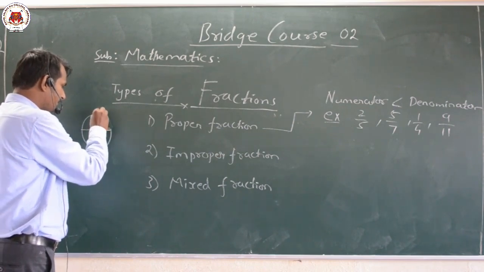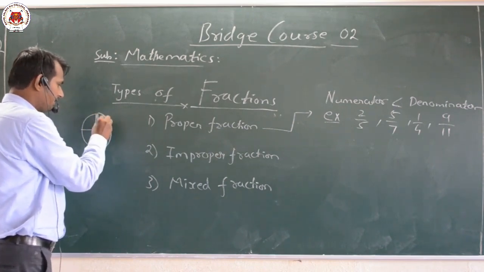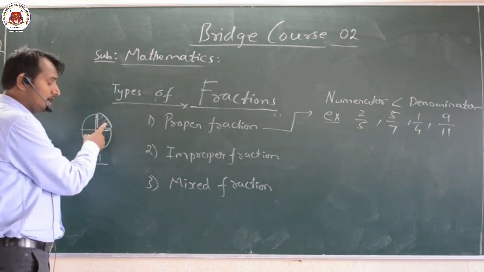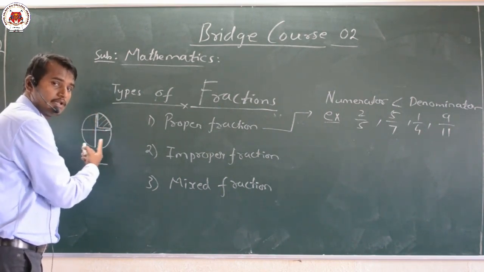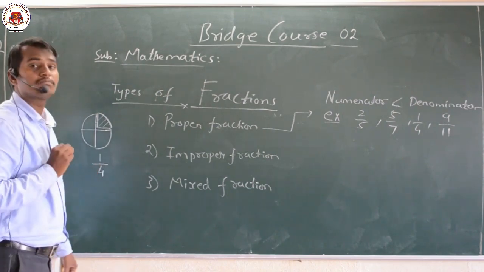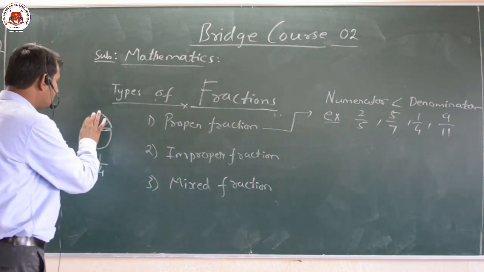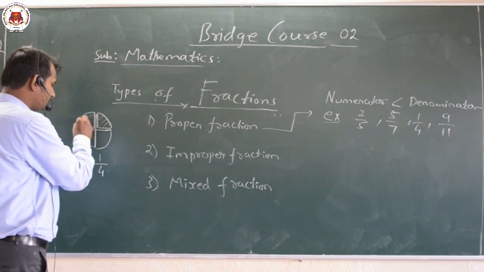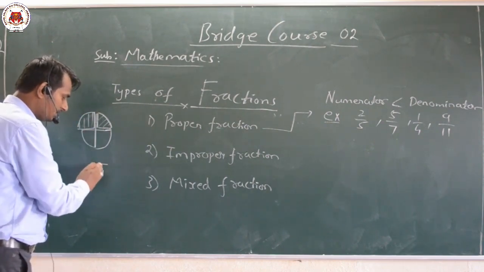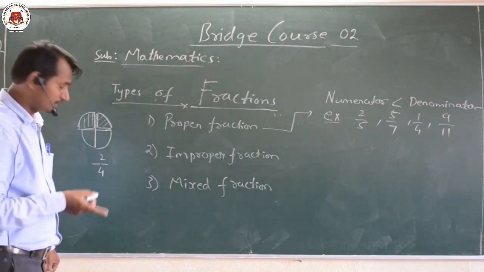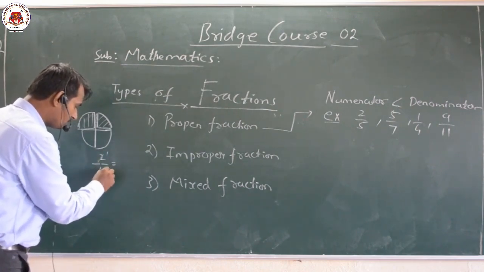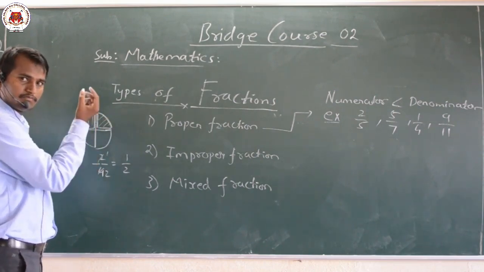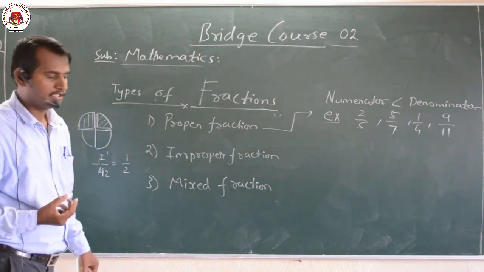If I require one part, that means 1 divided by the total number of parts, 4. If I require 2 parts, that is 2 divided by 4, which is 1 by 2. I require 1 out of these 2. That also gives the meaning.